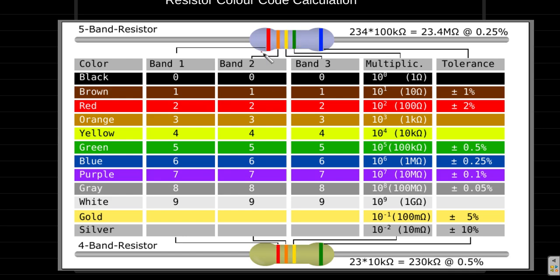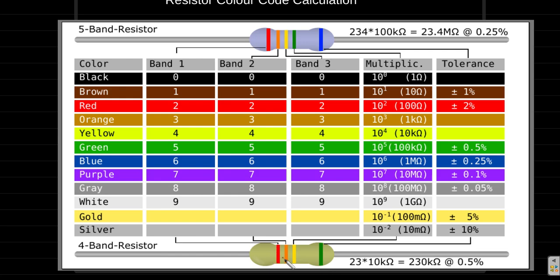Now, you will see that of the resistors with 4 colors, 3 of them are close together, and then 1 color is further apart by itself. That 1 color represents a tolerance.